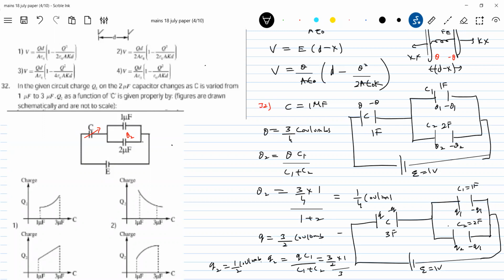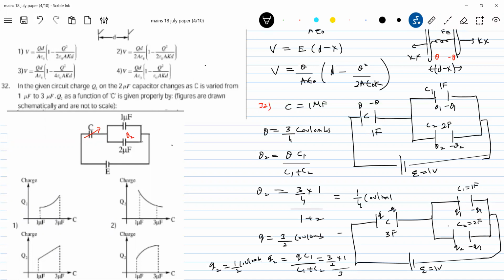I think some mathematics we have to bring in here. So bring an expression for Q2 in terms of C, where C varies from 1 to 3 microfarad.